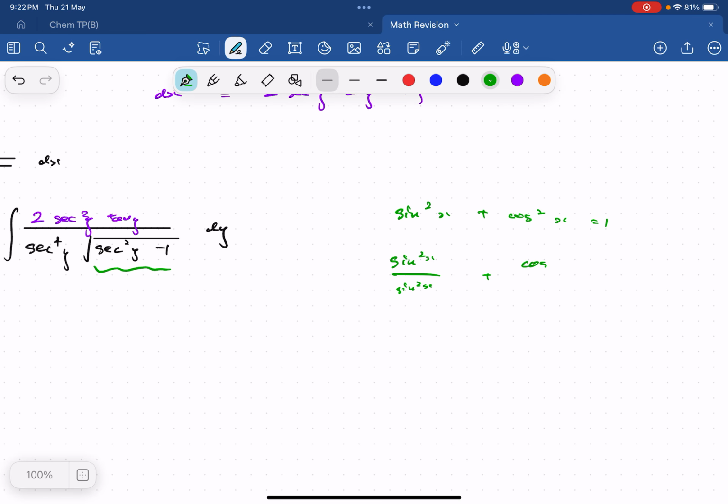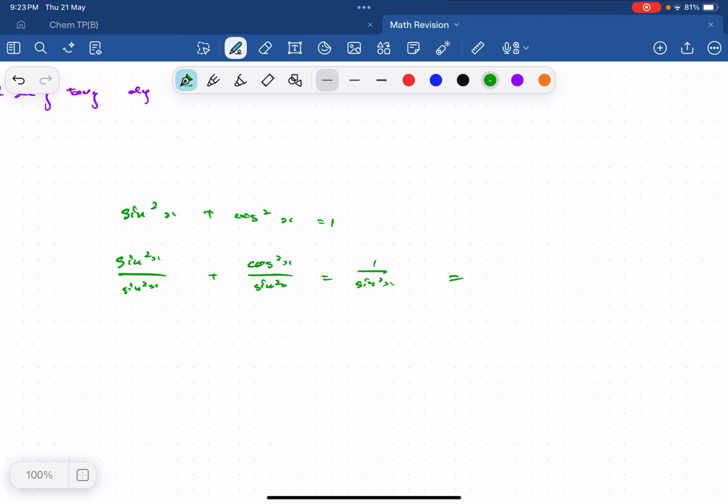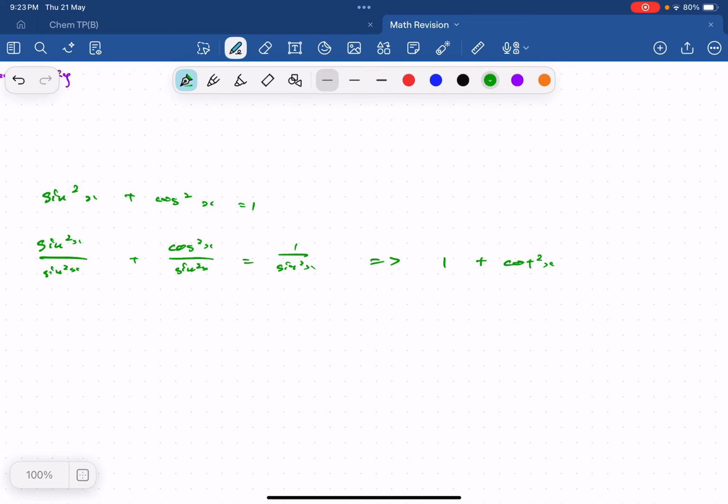This is going to become 1 plus cos squared over sine squared, which is what? Cotangent squared, right? Equals 1 over sine squared, which is cosecant squared x. I'm sorry.